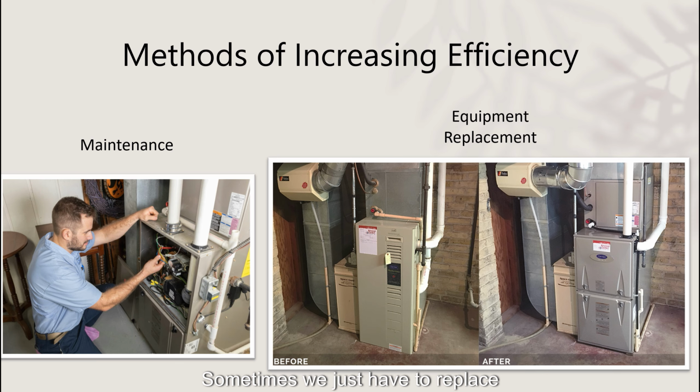Sometimes we just have to replace equipment, go with something a little bit more advanced, more modern. There have been some big changes in the HVAC marketplace over the course of the last 5 to 7 years. More importantly, we've had a transition to different refrigerants. Now we're using A2L refrigerants, which are partially flammable. I'm sure you guys have learned plenty of that, but the reason we switched over to A2L was because the GWP was too high, the global warming potential.